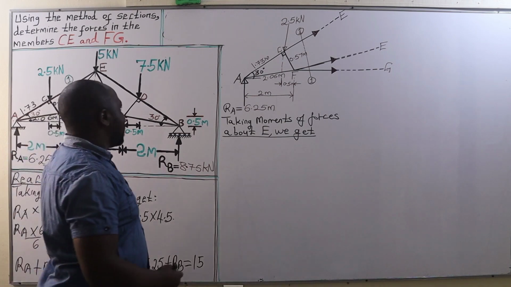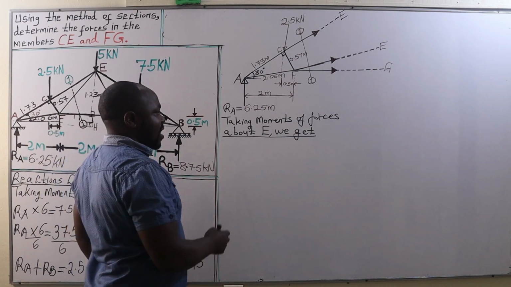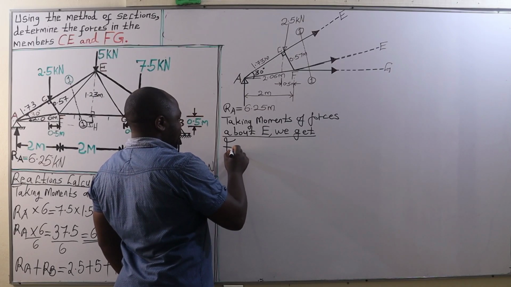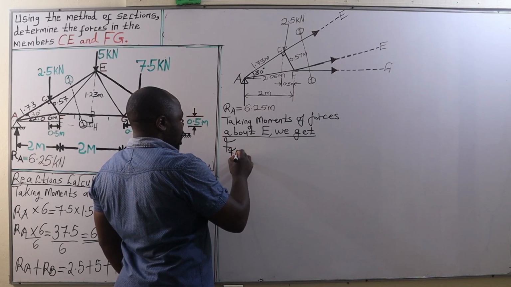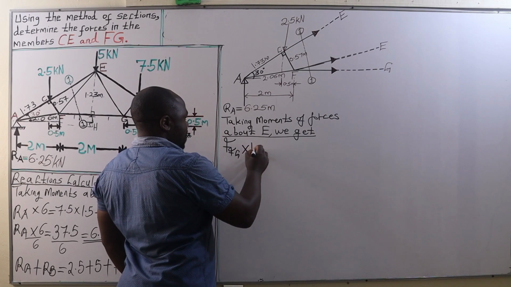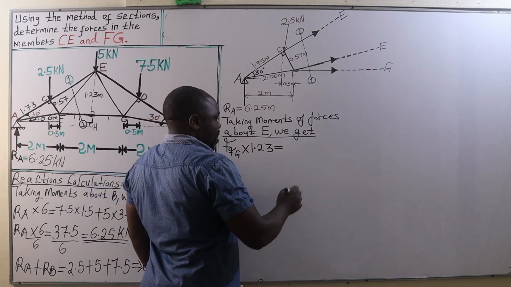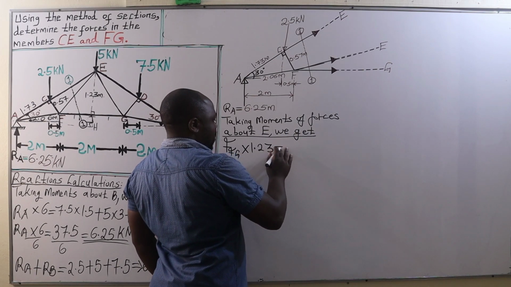So, the force FG multiplied by 1.23 meters will be, that is plus.